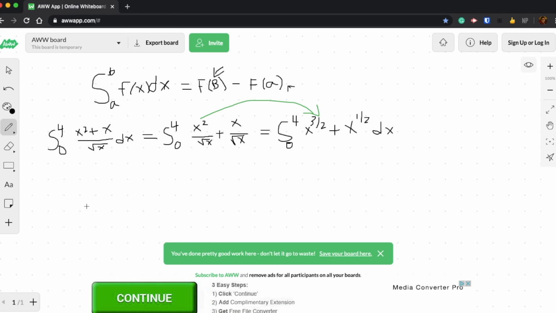Alright, so the next step after you do this is, let's just do the power rule. So it'd become 2/5 x to the 5 halves, and then you add 2/3 x to the 3 halves, and this will all be from 0 to 4.